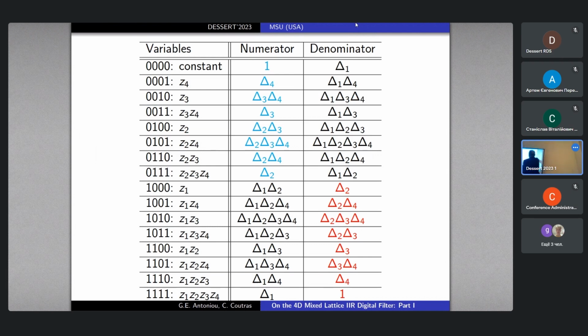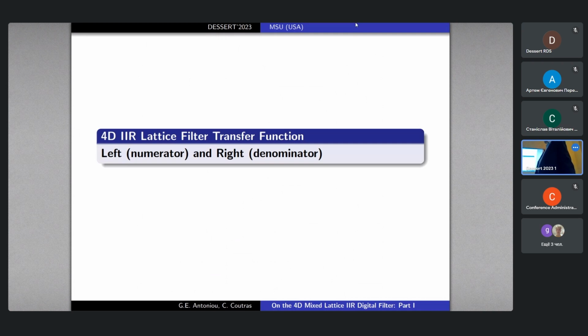You can see it. 1, delta 4, 3, 4, 3, 2, 3, 2, 4, and 2. Also the other way around. Delta 1, 1, 4, 1, 2, 3. So therefore, this is also a correct transfer function for the given 4D filter.